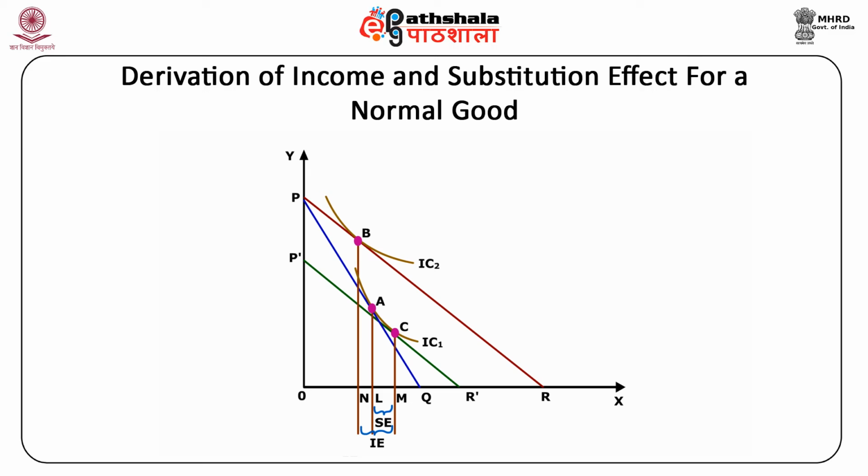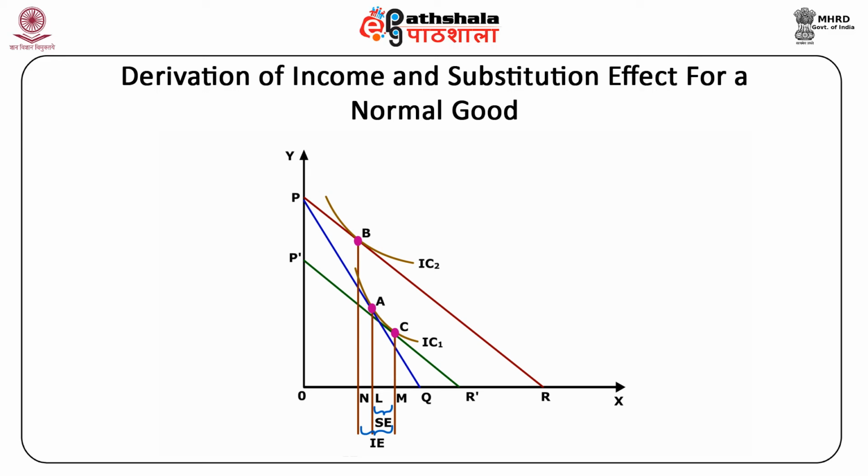Thus, this change in consumer equilibrium from C to B is only due to the change in purchasing power of the consumer owing to the increase in real income due to the fall in price of X, and therefore measures the income effect.